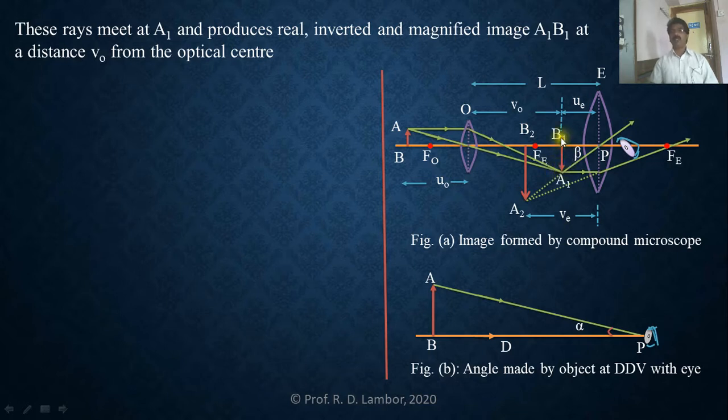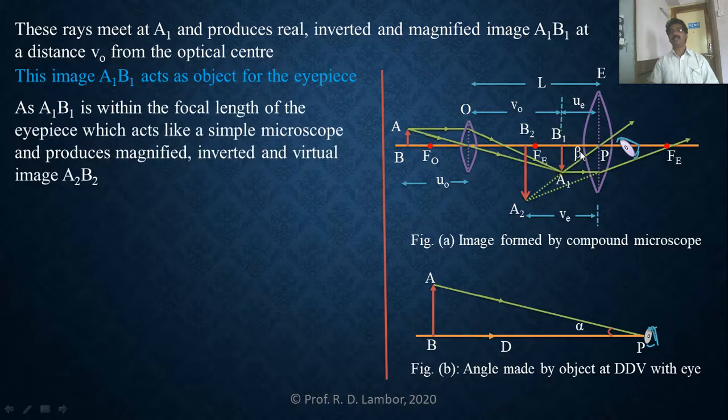Now A1B1, which is the image formed by the objective, acts as the object for this eyepiece. Means for this eyepiece, the object is image A1B1. Now if you see here, this image is within the focal length of the eyepiece, isn't it? As image A1B1 is within the focal length of the eyepiece.